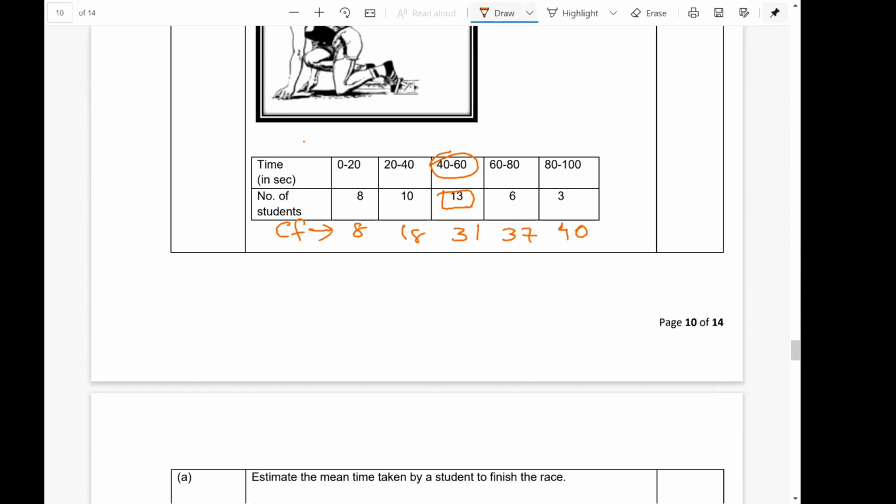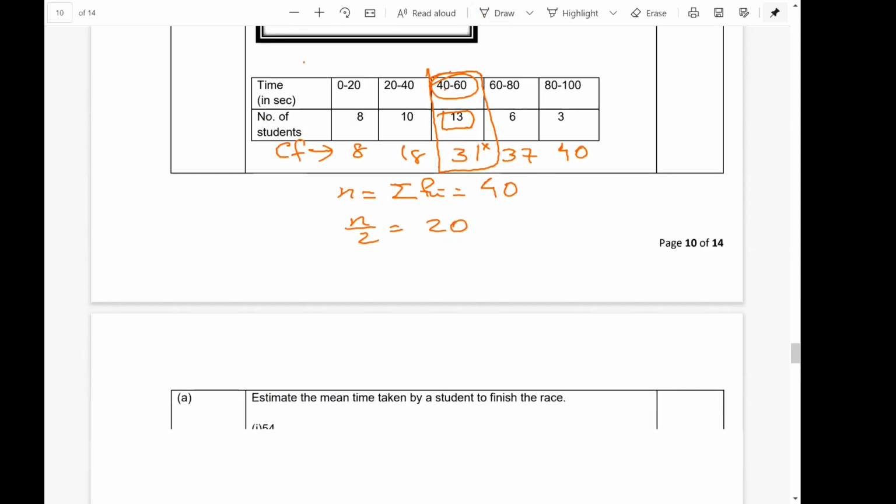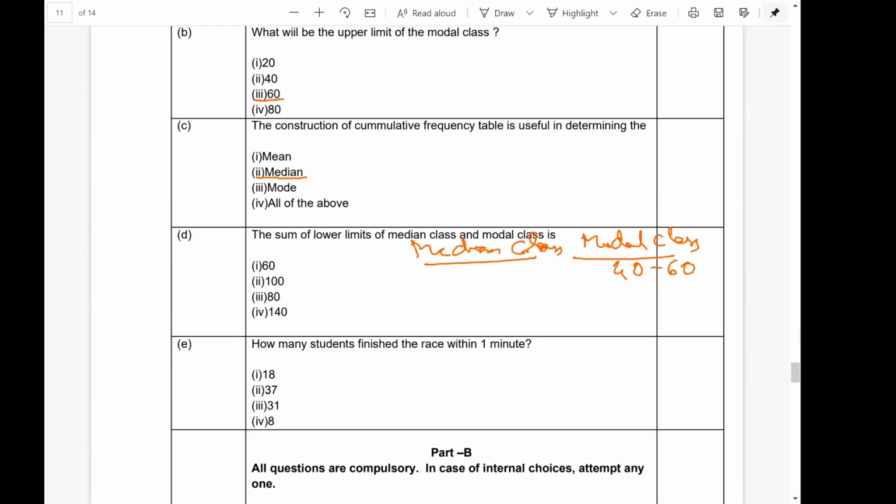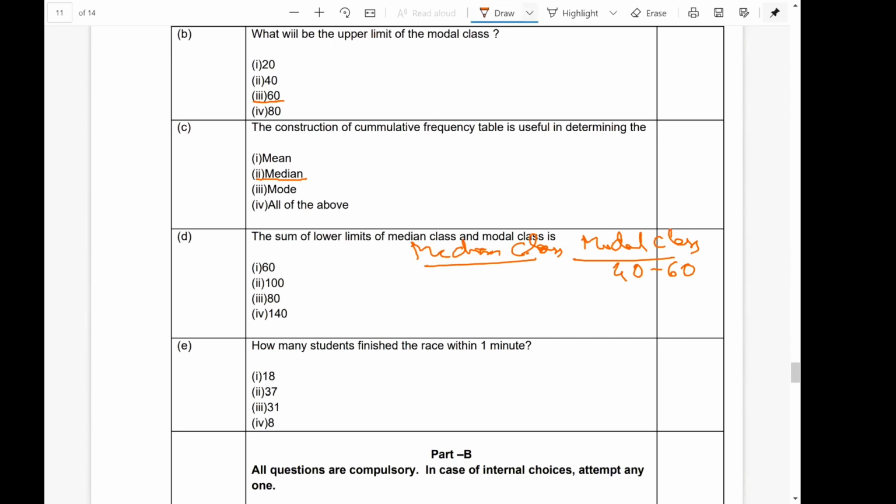So the sum of frequencies, sigma fi, is 40, or n is 40 and n by 2 is 20. Now we have to see the cumulative frequency which is greater than and nearest to 20, that is 31. Its corresponding class is again 40 to 60. So the median class is also 40 to 60.